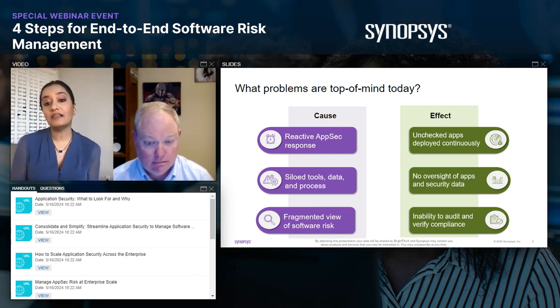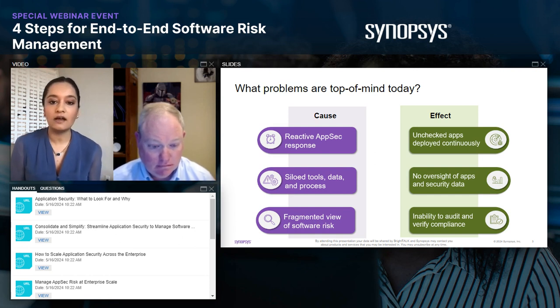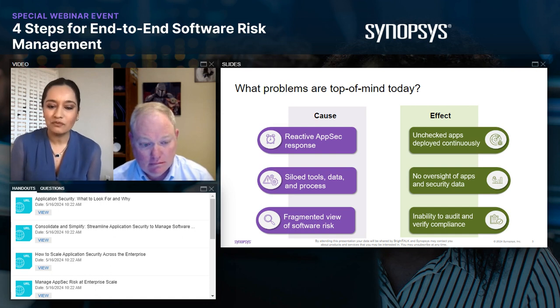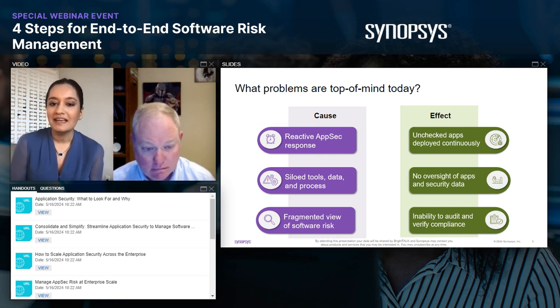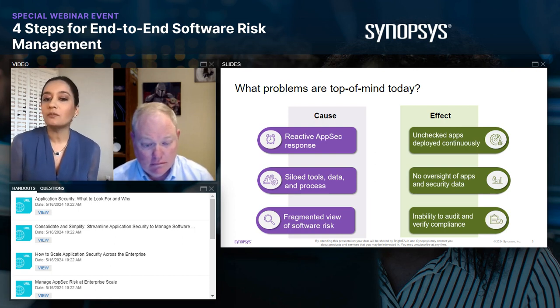And yet, increasingly, what we still see across the board in organizations all across the landscape is that there's a largely reactive application security response. That there's this notion of patching problems as they come up, of responding to issues in a piecemeal fashion.